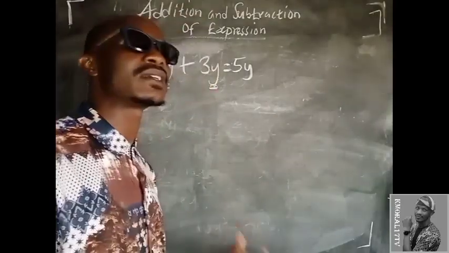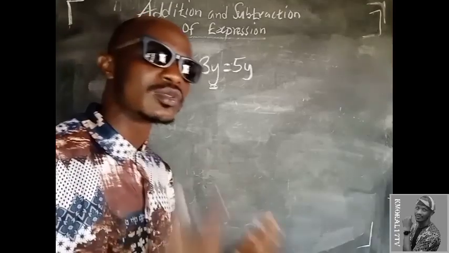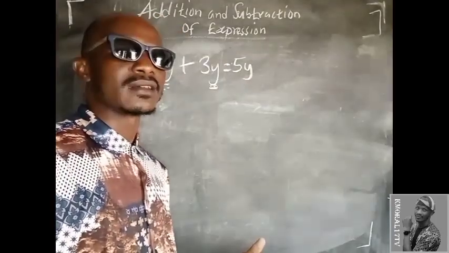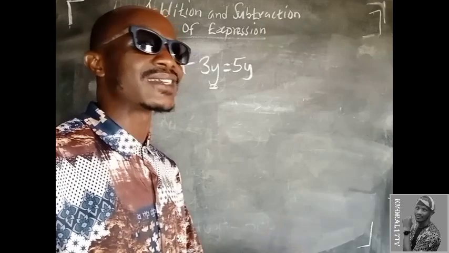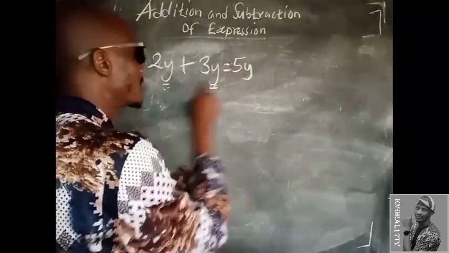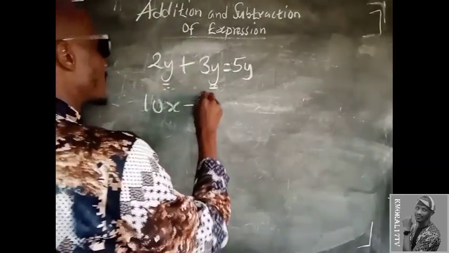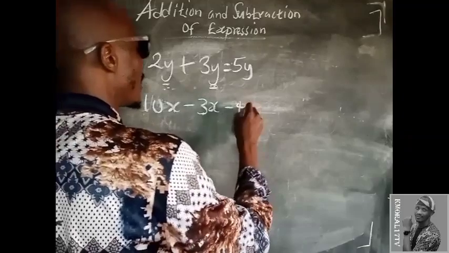And by the time they carry the same identity, as a non-mathematics student, you should know there is no issue about that. The identity is very clear: y. You just say 2 plus 3 is 5, and take one y along. Or somebody says 10x minus 3x minus 4x.